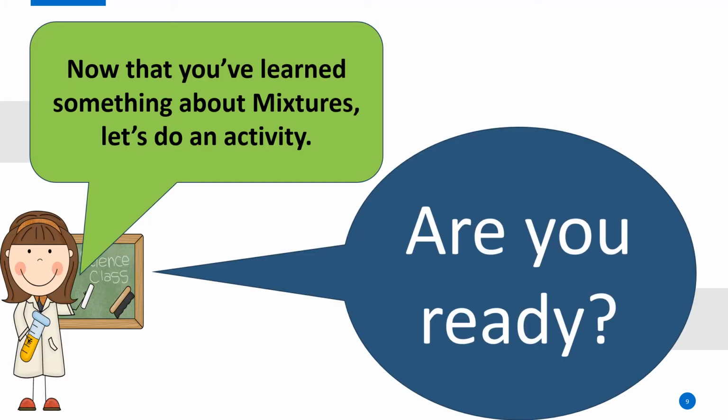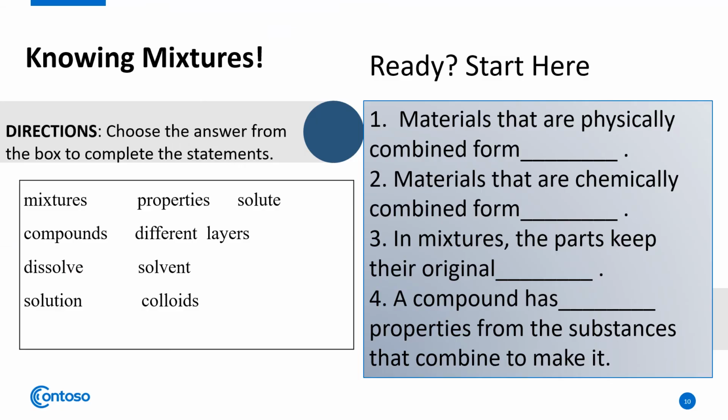Now that you've learned something about mixtures, let's do an activity. Are you ready? The name of this activity is Knowing Mixtures. Direction: choose the answer from the box to complete the statement. So let's start. Number 1, materials that are physically combined form blank.